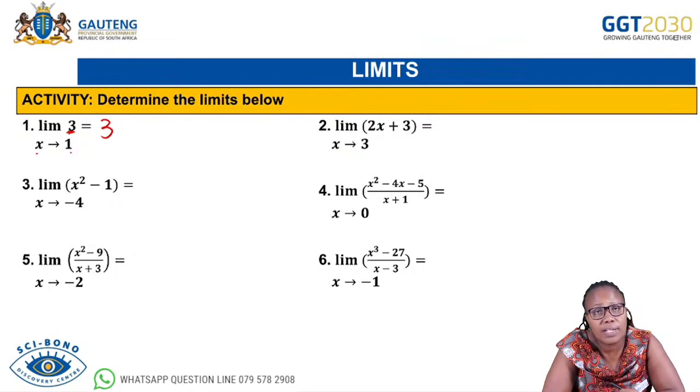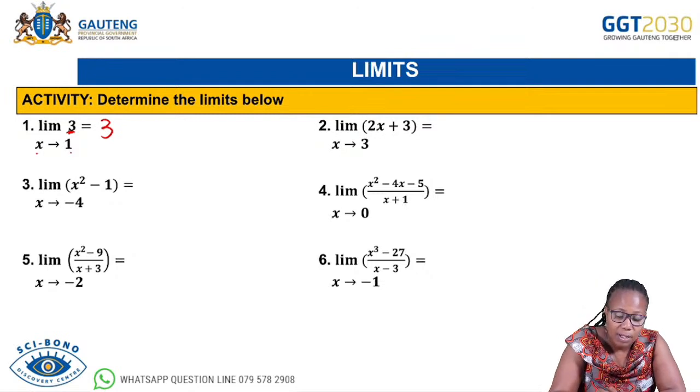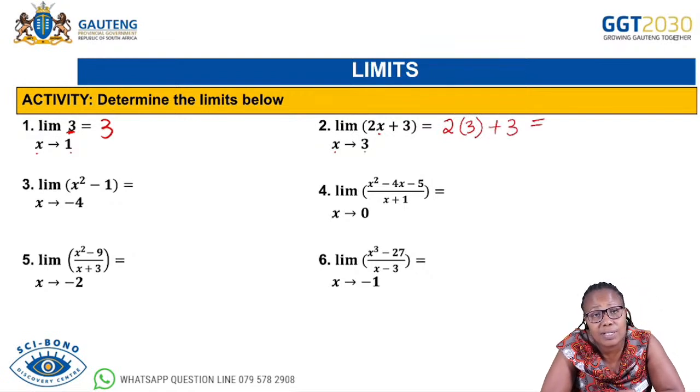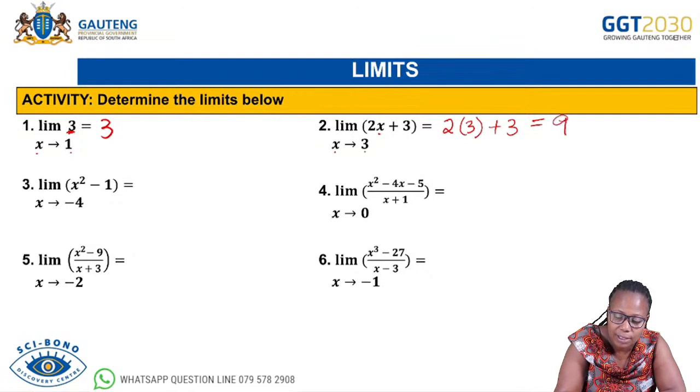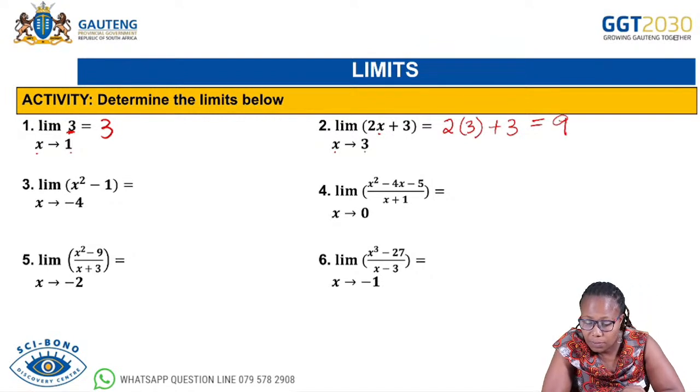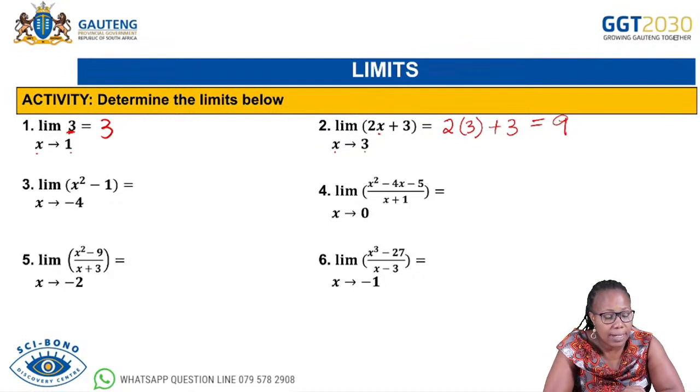And then look at the second solution, grade 12. This one has an x, so our x is approaching 3. So basically our answer will be 2 times 3, which is 6, plus 3, equal to 9. Easy?